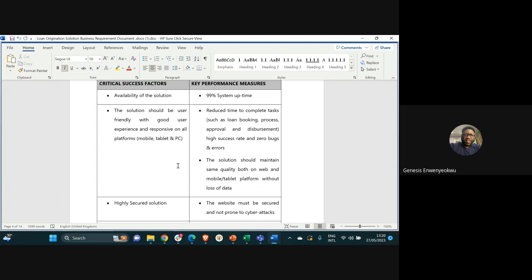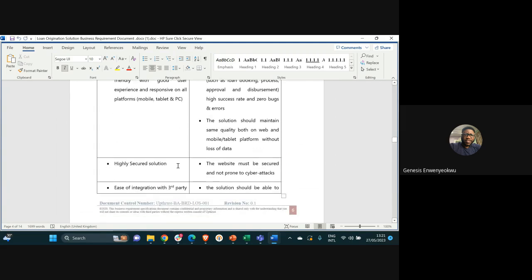Another way we also measure this is that the solution should maintain the same quality on both web and mobile platform without loss of data. That's another way we measure user experience, user friendliness, and responsiveness as well. You can come up with another critical success factor that the solution should be highly secure, which means you can measure this by saying the website or the platform must be secured and not prone to cyber attack.